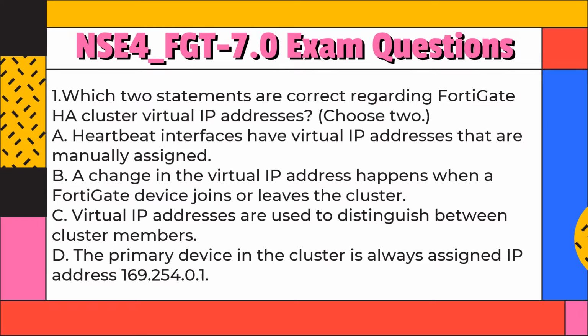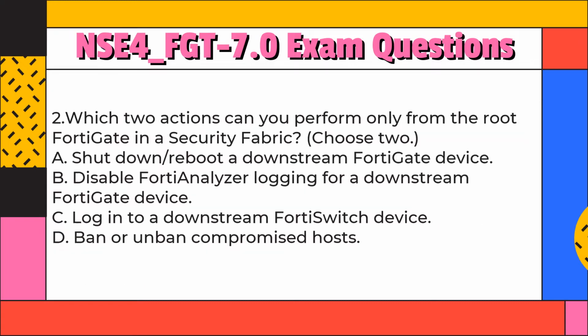C. Virtual IP addresses are used to distinguish between cluster members. D. The primary device in the cluster is always assigned IP address 169.254.0.1.